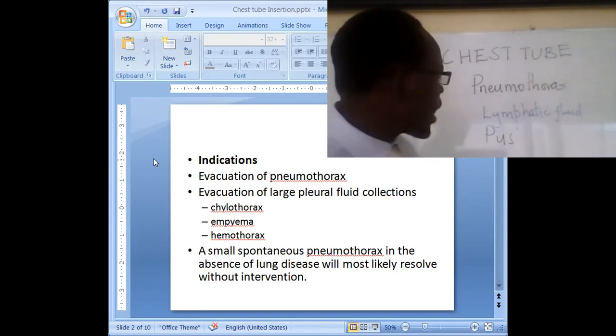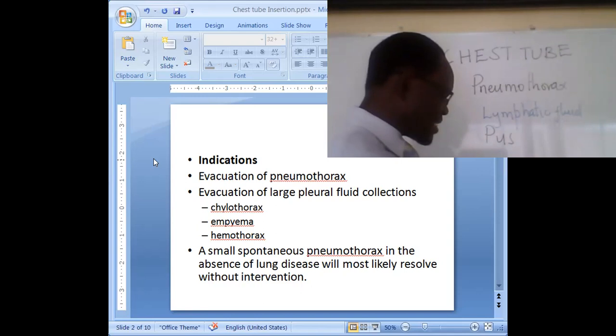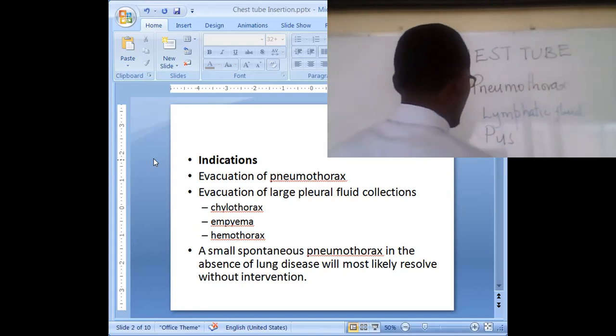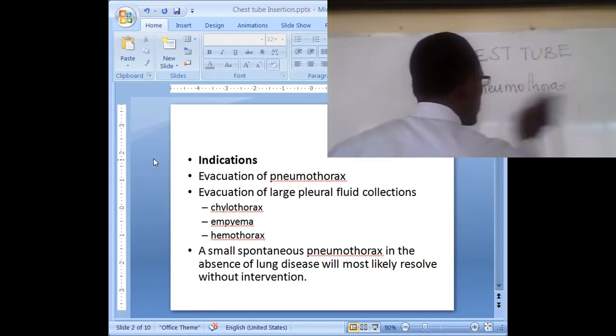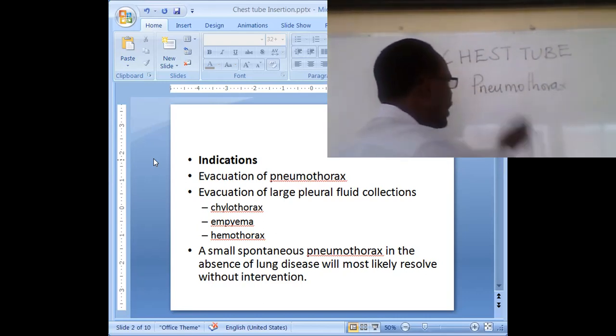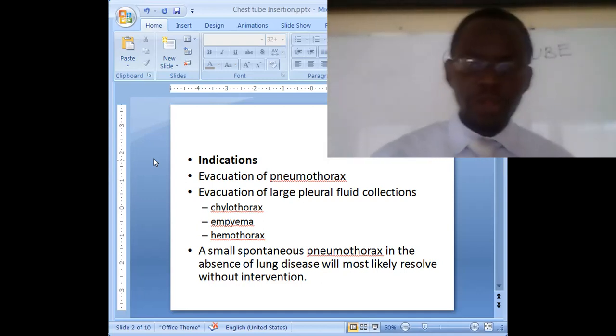And hemothorax, we say it is basically blood within the pleural cavity. So a chest tube is basically used for those indications.